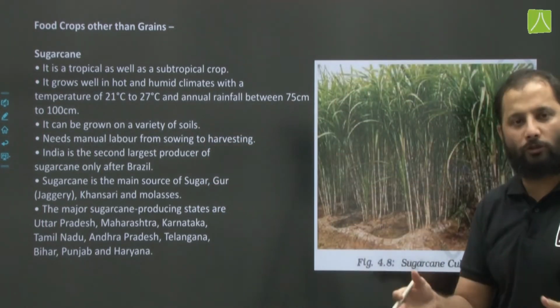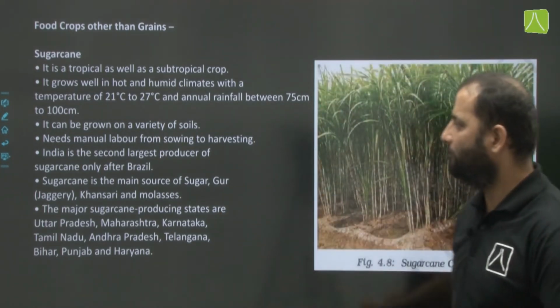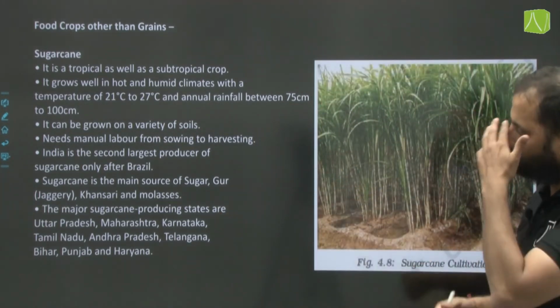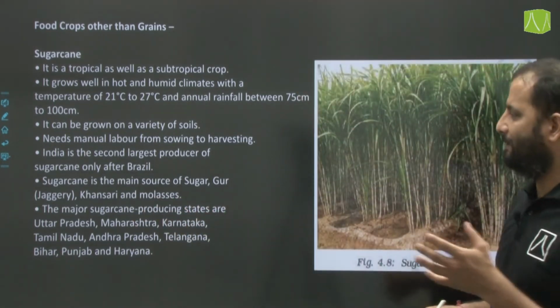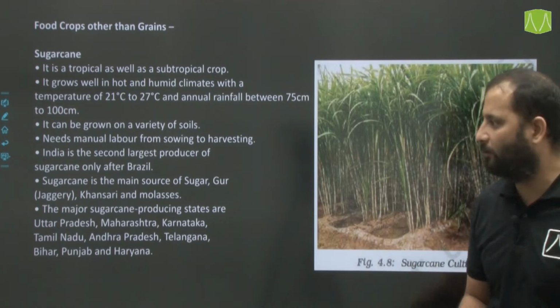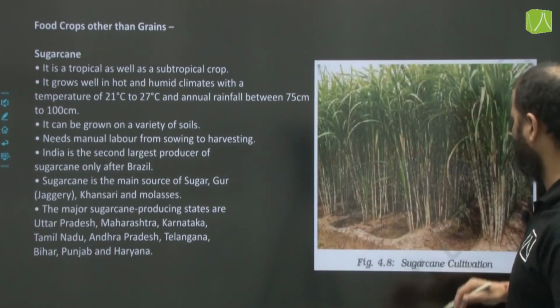Sugarcane is the main source of sugar, gur, that is jaggery, khandsari and molasses, different forms which we obtain. The major sugarcane producing states are Uttar Pradesh, Maharashtra, Karnataka, Tamil Nadu, Andhra Pradesh, Telangana, Bihar, Punjab and Haryana.